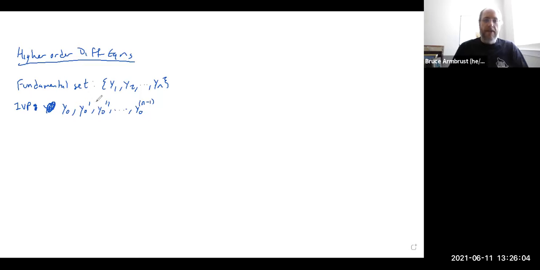It's really the same idea, just more. Finding the fundamental set meant finding roots of a higher degree polynomial. Undetermined coefficients was, we make our guess, we just have to take more derivatives and so on and so forth. Luckily nothing there really changed much, just more.